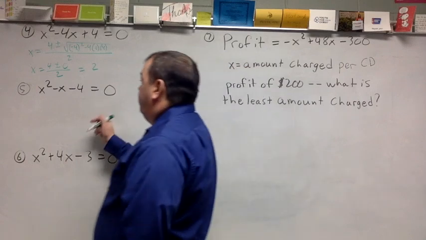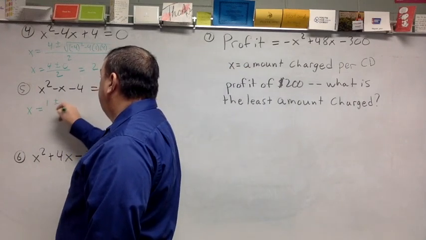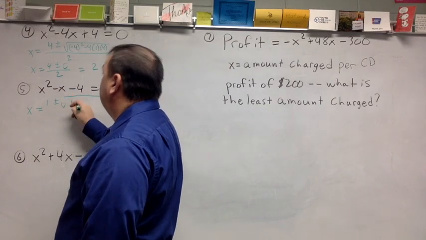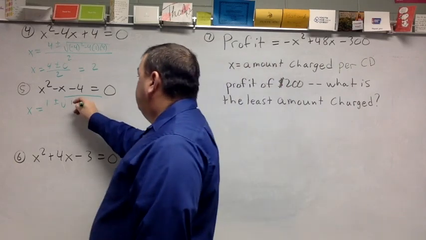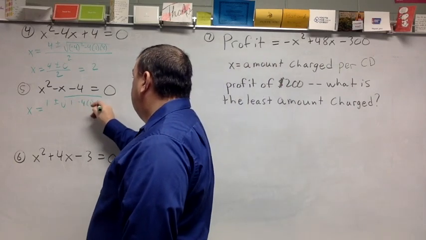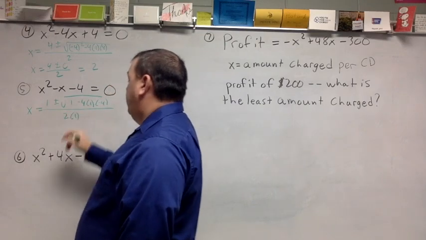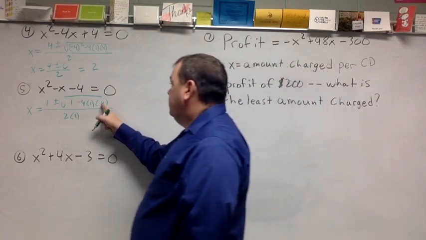For this particular problem, x equals opposite of b plus or minus square root b squared. I can do negative 1 in my head. Negative 1 squared is 1 minus 4ac all over 2a. Start with the square root.